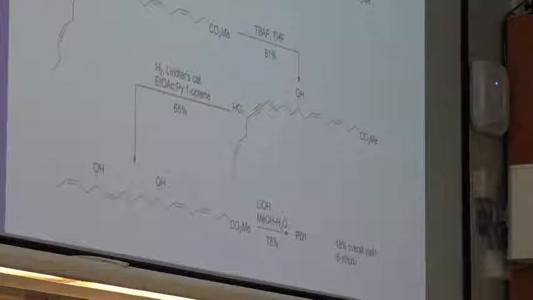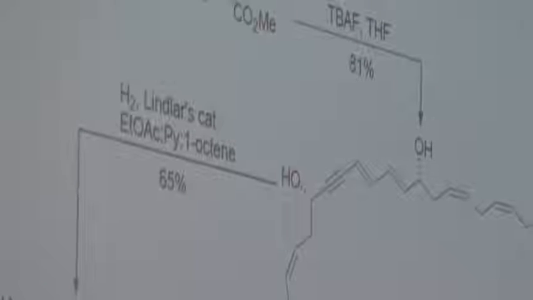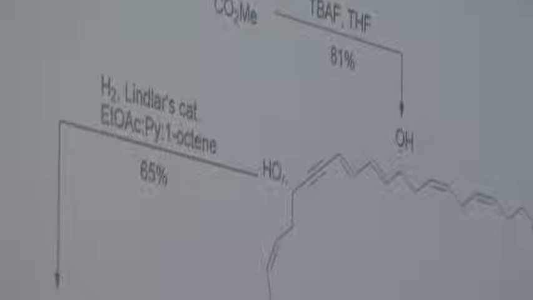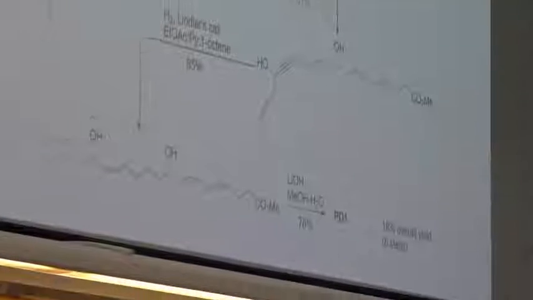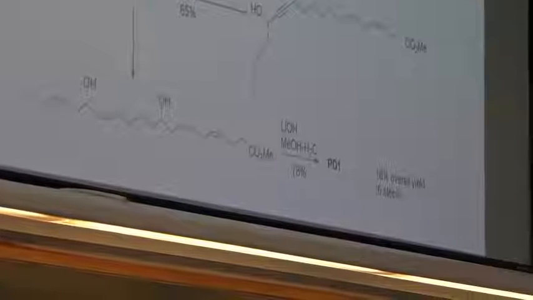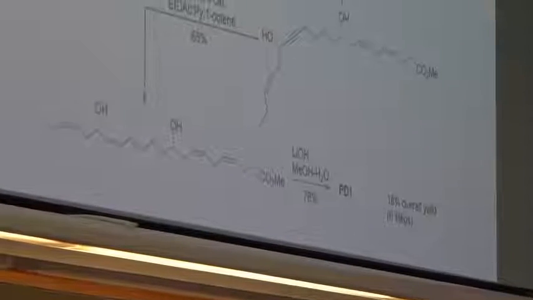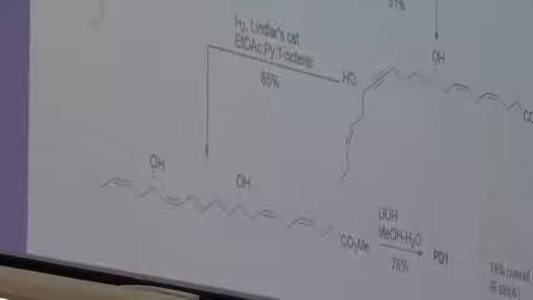And here they had some problem, but after some trial and error and some improvement of existing methods, they were able to make this cis olefin using the standard Lindlar catalyst, but they also added 1-octene, without giving any good explanation for that.